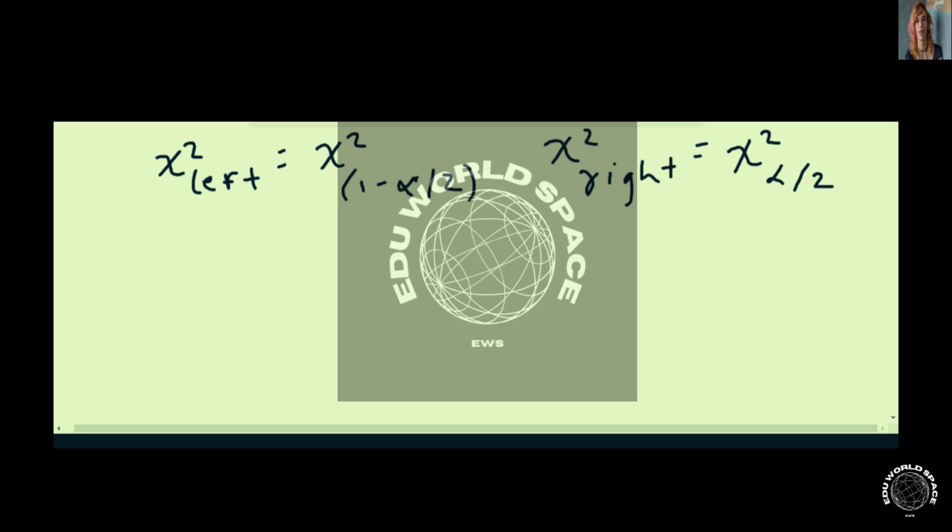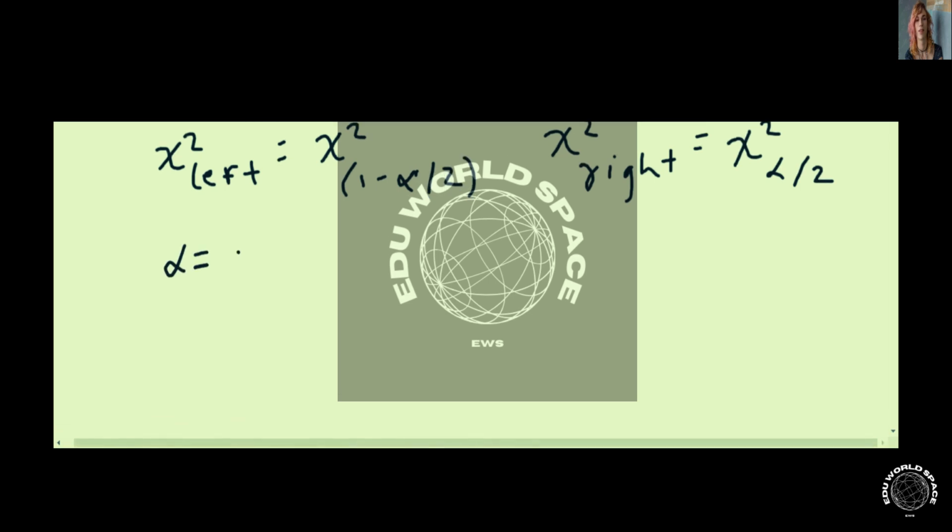So, let's begin. For part A, we've been given alpha is equal to 0.05. We've been given the sample size n is 12. The first thing we do is find the degrees of freedom. Degrees of freedom is basically the sample size minus 1, and in this case it would be 11.